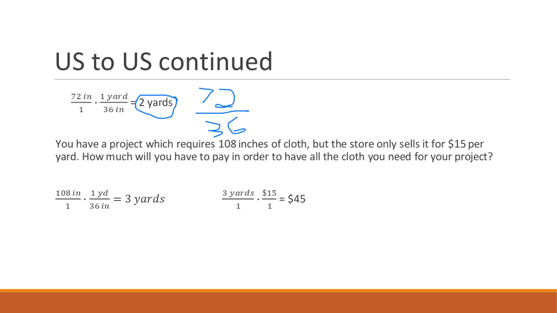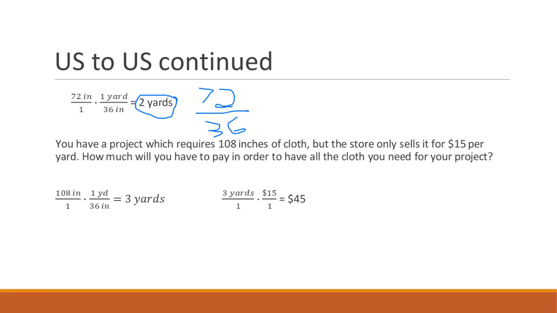So you have a project which requires 108 inches of cloth, but the store only sells it for $15 per yard. So, okay, well, how am I going to figure out what I need to pay in order to get all the cloth I need for my project? Even if it's extra, I have to know, right?